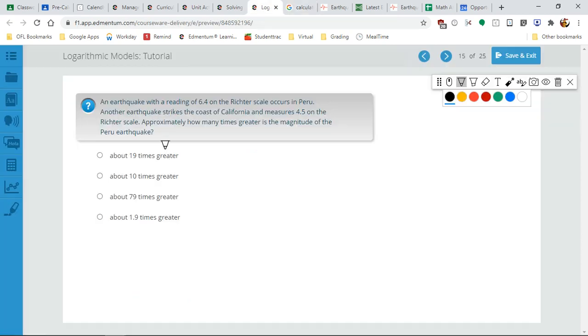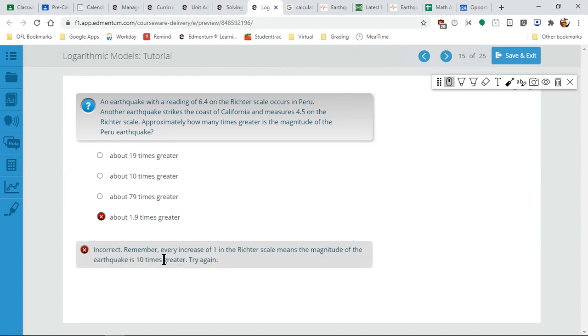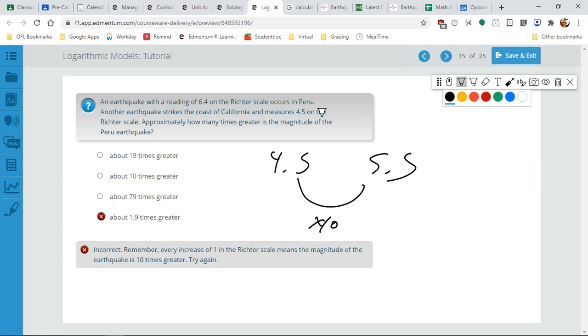Okay, now I'm confused. So let's see what they want. Incorrect. It's going to be 10 times greater, and every increase is by 10. So again, we know it's at least 100 times greater, because going from 4.4 to this, that's 10 times greater.